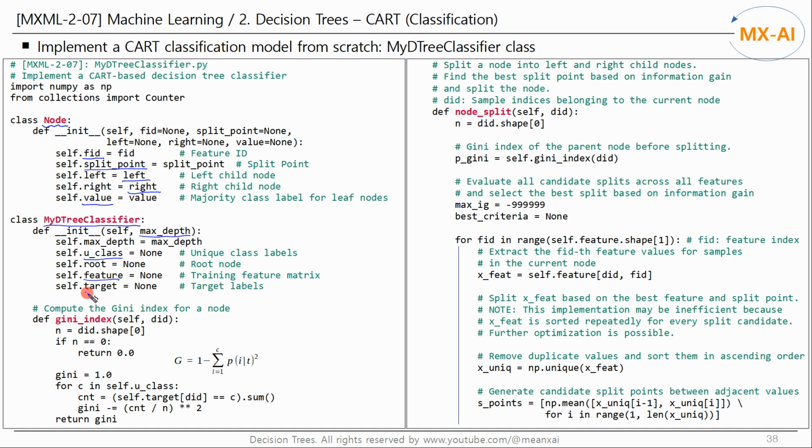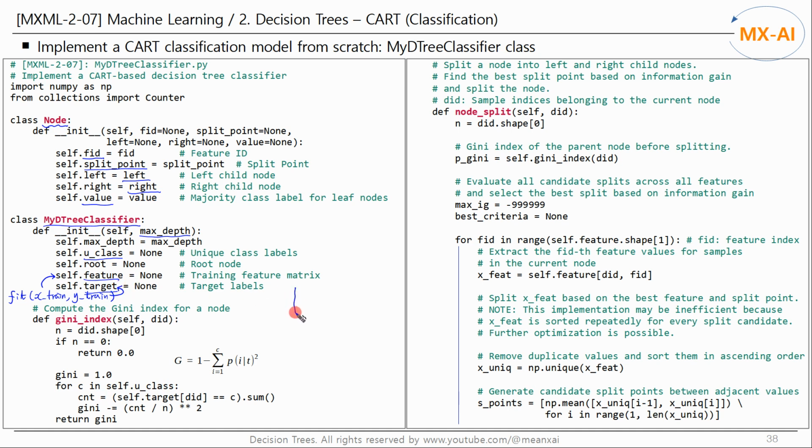The feature and target variables store the training data features and target classes, respectively. When the fit function is called in this way, xtrain is assigned to the feature variable, and ytrain to the target variable.